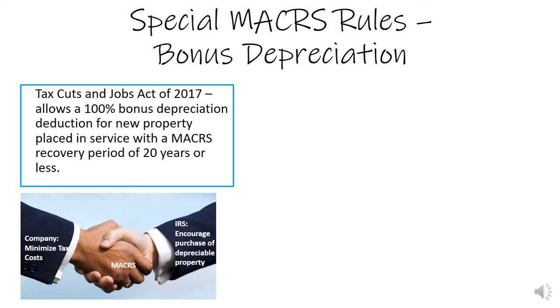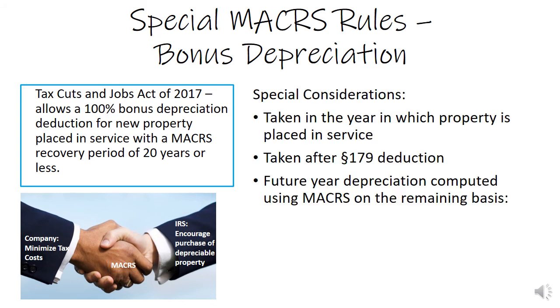What this means, just like with the Section 179 deduction, is that it occurs in the year in which the property is placed in service. If you're not placing the property in service, you can't take this deduction. If you miss it in the first year, you can't make up for it in subsequent years.